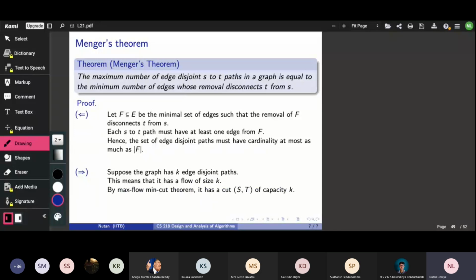By the Max-Flow-Min-Cut theorem, there is a cut S,T of capacity k. And now let F be the edges in this cut. By the definition of a cut, removal of F obviously disconnects the vertex T from S.